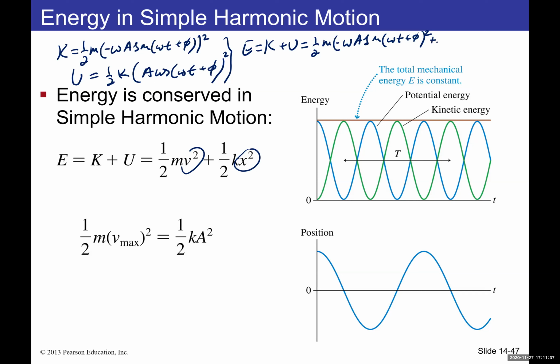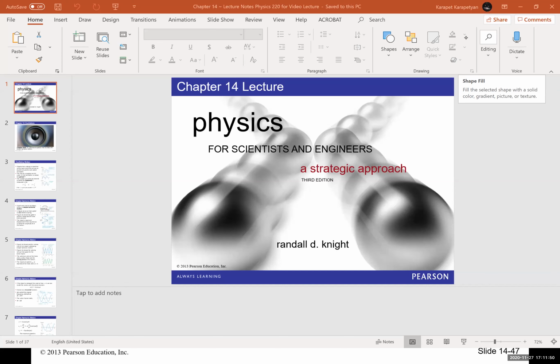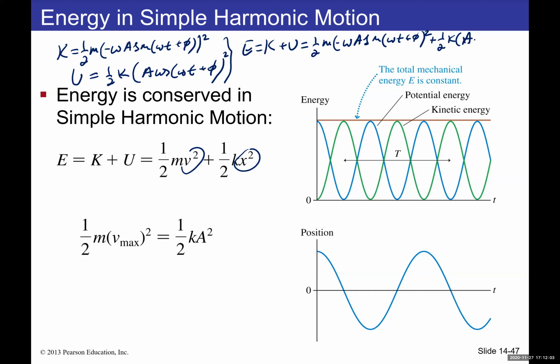Then plus the potential energy, which is 1/2 k times A cosine omega t plus phi, squared. Okay, so we end up with this equation.